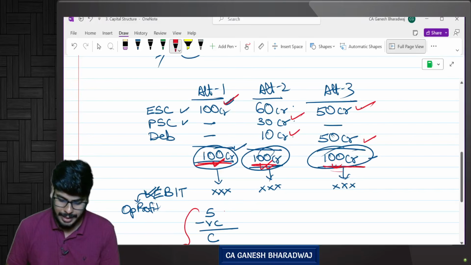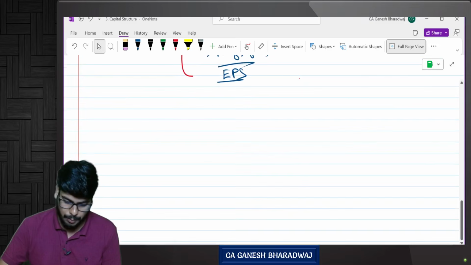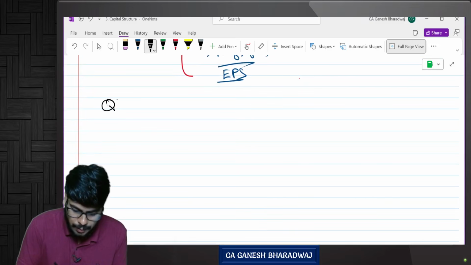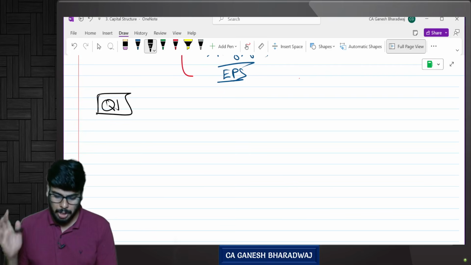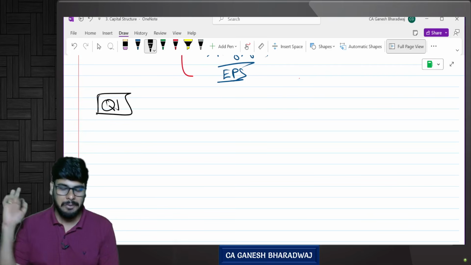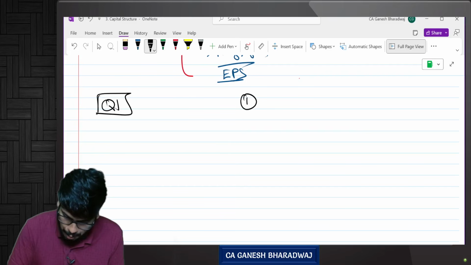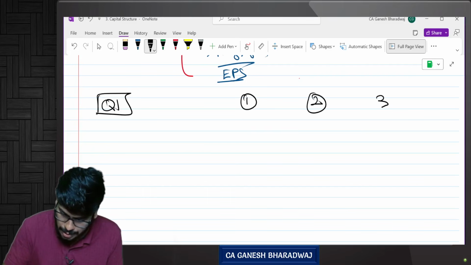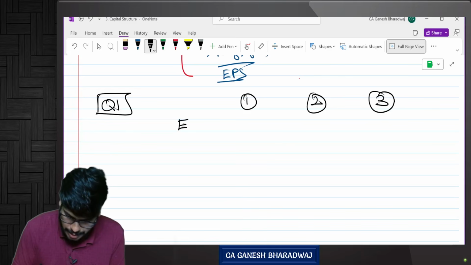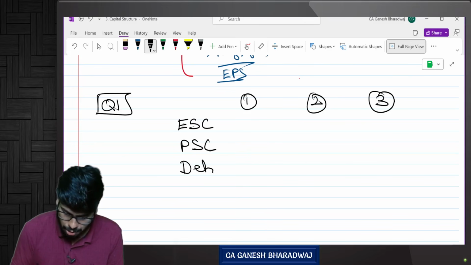So basically what they are saying, let me go to this question number 1. In this first question, overall the company wants how much? 31,25,000, and they are proposing three alternatives. What are the three alternatives? Equity share capital, preference share capital, and your debentures.